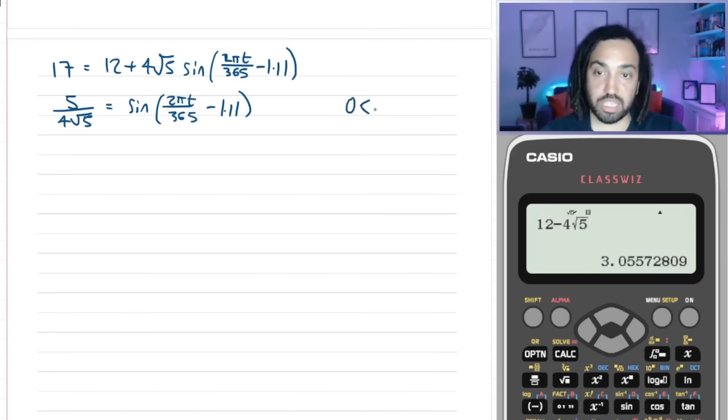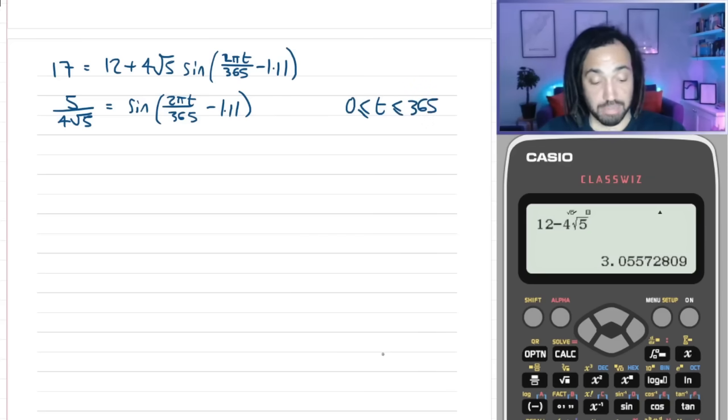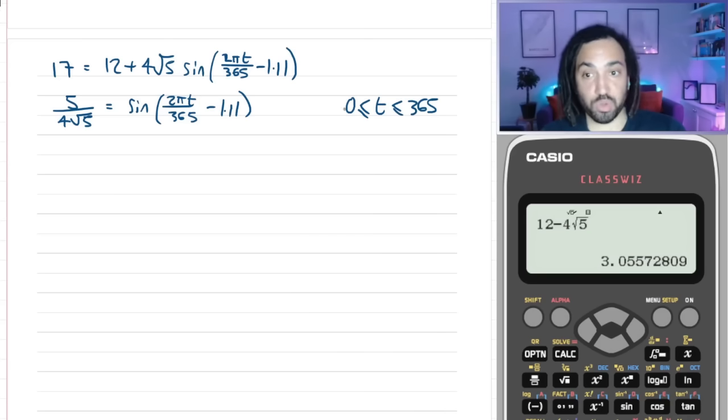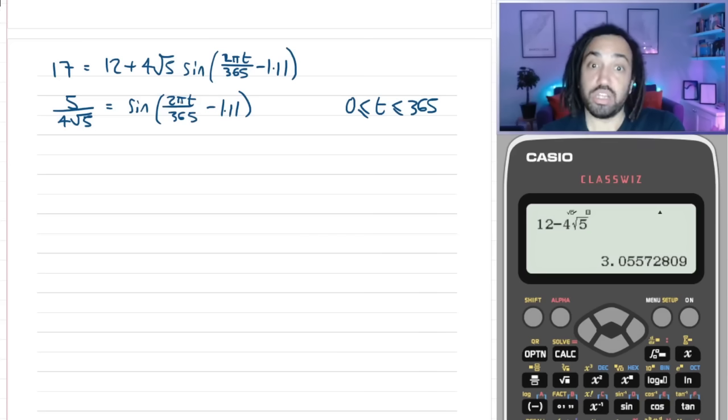I'll say that it's between 0 and 365. And then we're going to transform this range, so t is going to turn into 2 pi t over 365 minus 1.11.